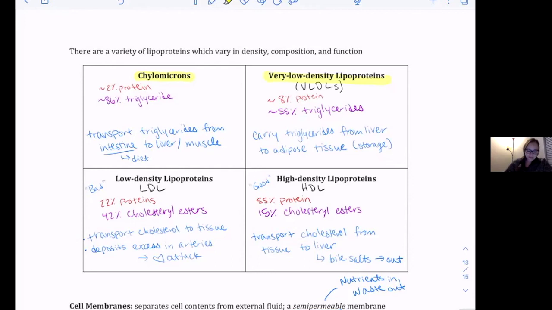We have low density lipoproteins. These are considered your bad ones. They have proteins, cholesterol, and cholesterol esters.